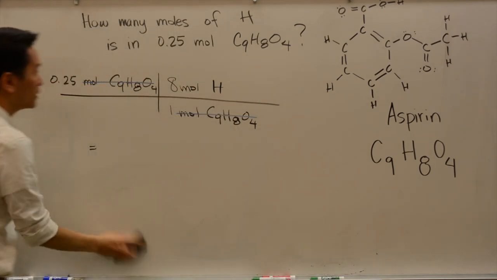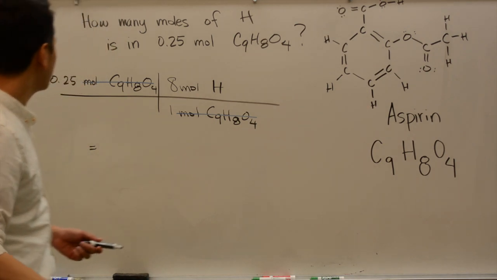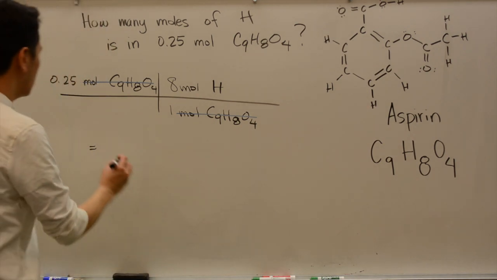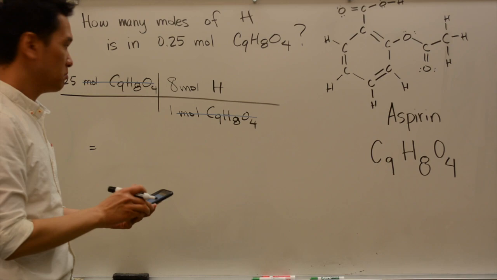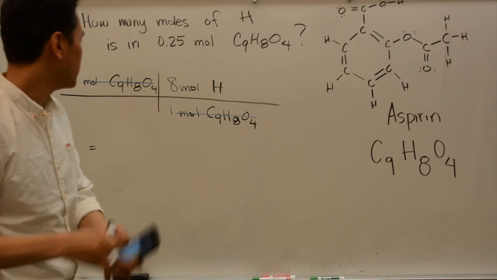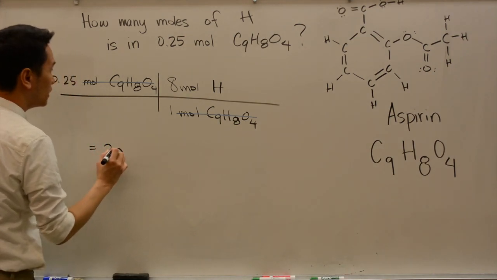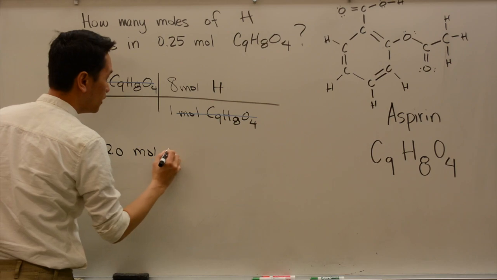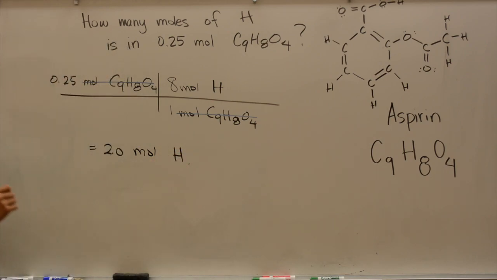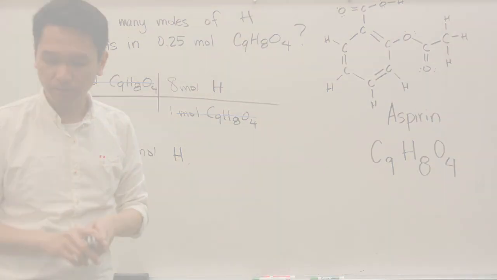So let's see what our answer comes out to be. 8 times 0.25 should be 2. Again, with 2 sig figs, that gives you 2.0 moles of hydrogen. Okay? Again, we can do that for oxygens too if we wanted to.